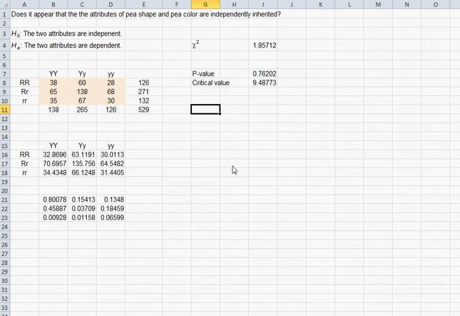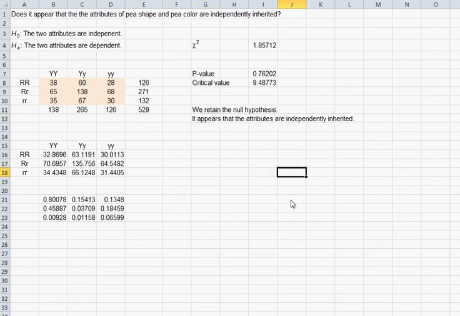So in conclusion, we retain the null hypothesis, H0. And we conclude that it appears that the attributes are independently inherited, which is one of Mendel's laws of genetics, that the attributes of different characteristics are indeed independently inherited, that the pea shape and the pea color, whatever happens in the next generation, do not affect each other.